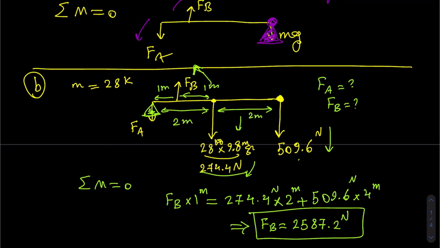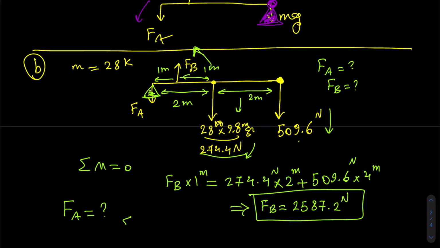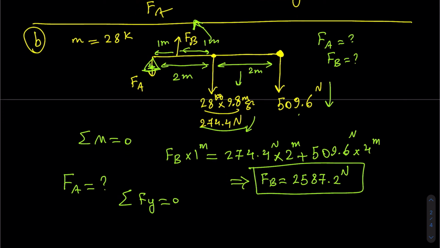All right, and also in order to find FA, we can use the first condition of equilibrium, which states all the forces along the y-axis must be equal to 0, the sum of all forces actually, and those heading down to the south negative, those heading up to the north positive.